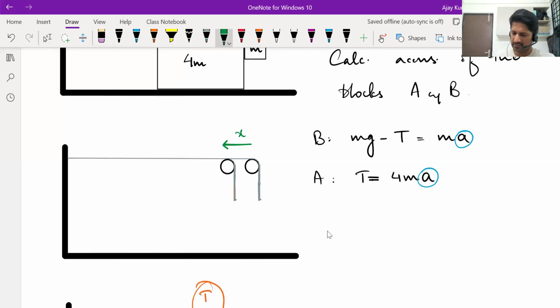If it moves to the left by some distance x, this part of the string will be free and that will come down on the other side. So on the other side, what will happen? I'll mark this part in red.